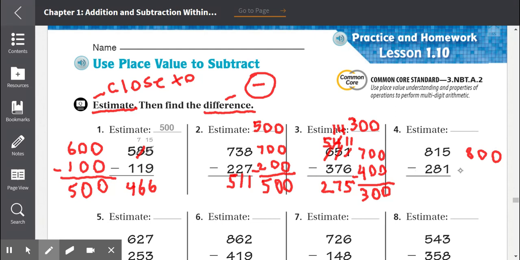So 281 is between 200 and 300, but it is closer to 300. So we subtract. We start with the ones place. 0 minus 0 is 0. 0 minus 0 is 0. And 8 minus 3 is 5. So our estimate is 500.